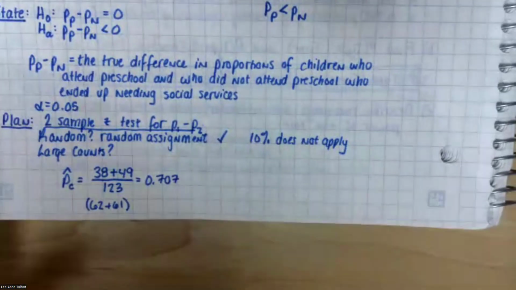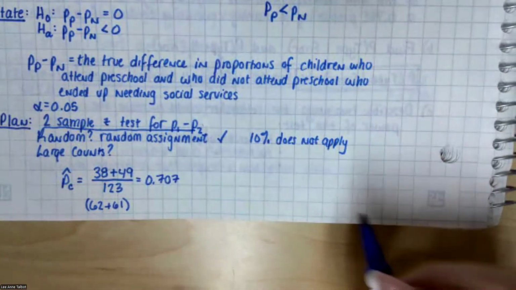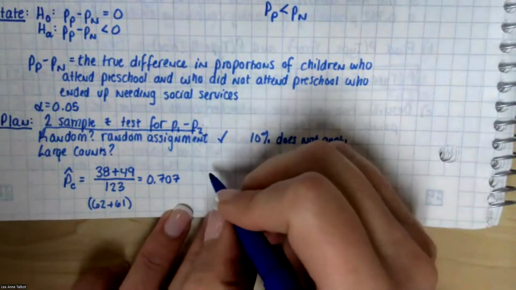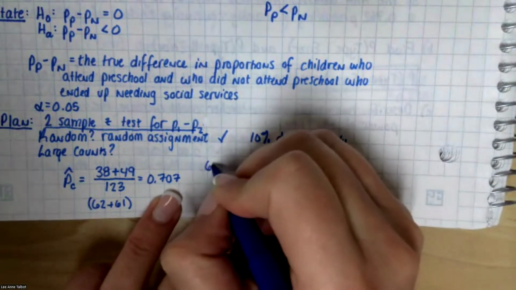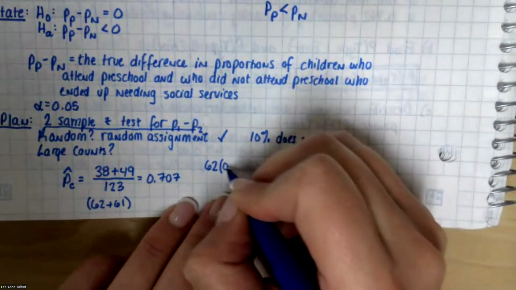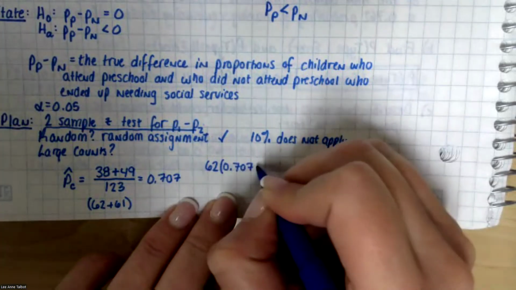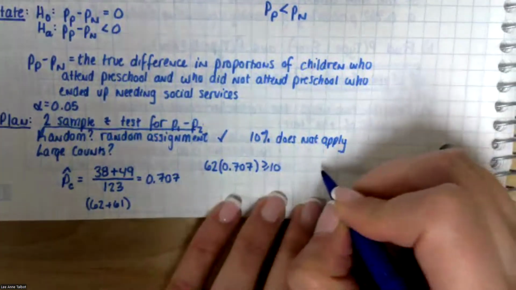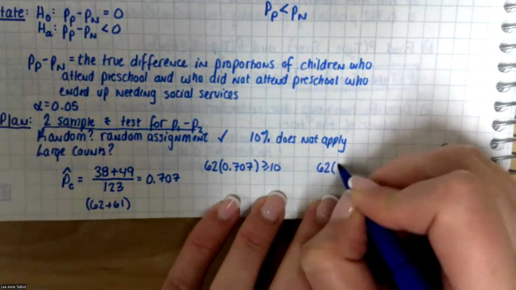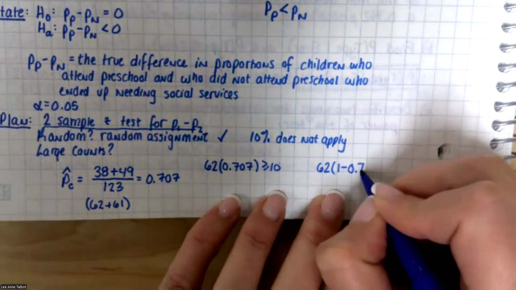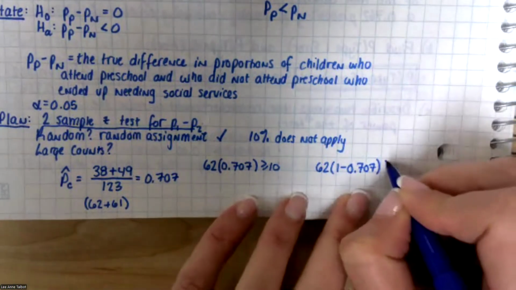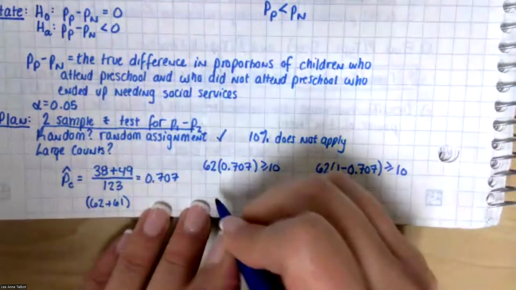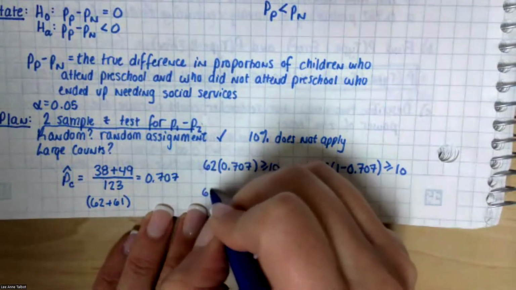Okay. All right. So we have N is 62 times P hat combined greater than or equal to 10. We have 62 times 1 minus p hat combined greater than or equal to 10. We have 61.